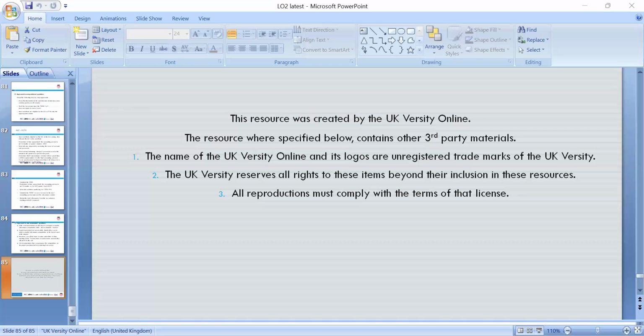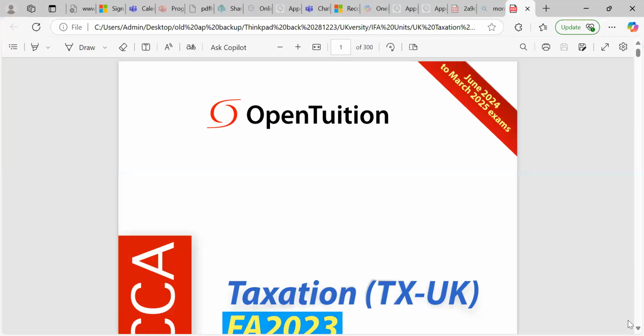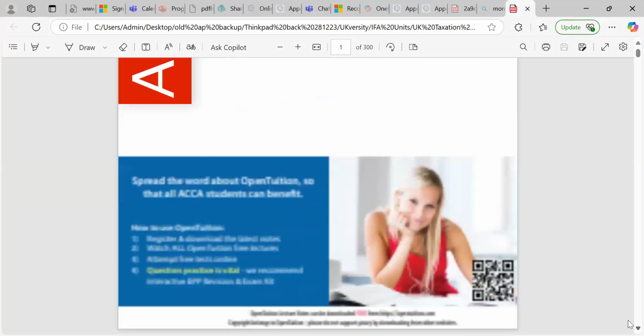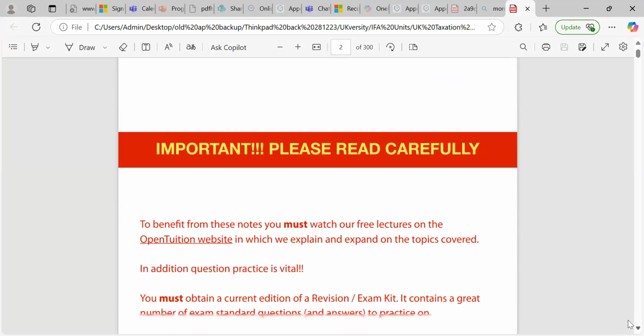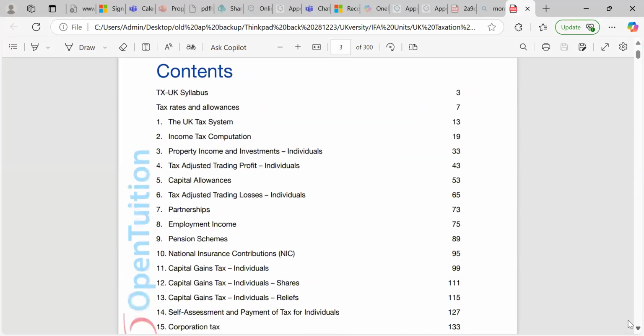Please, if you want more up-to-date material, you can also use Open Tuition, the ACCA F6 exam on taxation. If you're looking at capital allowances and trading profit, please look at the chapter, and there are plenty of examples.